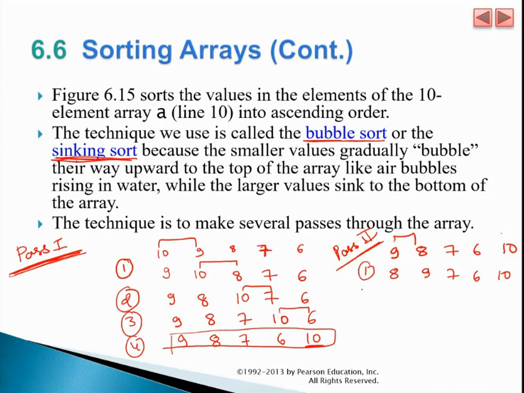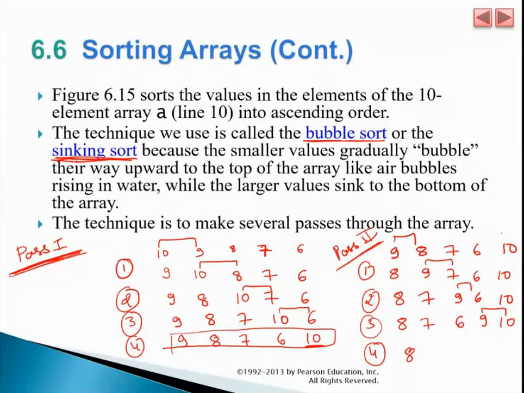This is the first go inside pass 2. In the second go, we see these two elements, so it becomes 9, 6, 10. In the third round, we see these two elements: 8, 7, 6, 9, 10. In the fourth round, we see these two elements: 8, 7, 6. Here we do nothing because the second element is greater than the first, so we write it as it is.